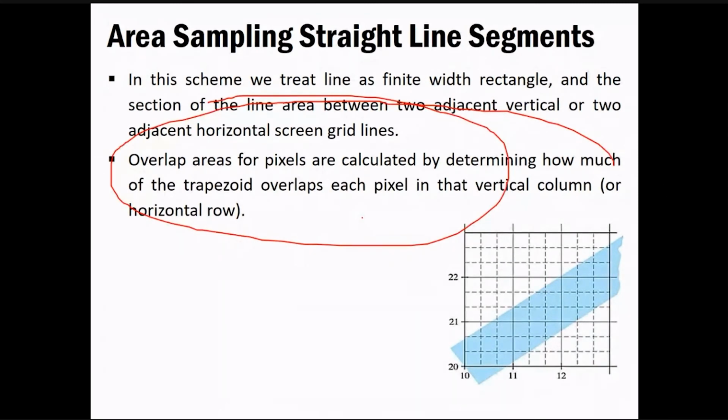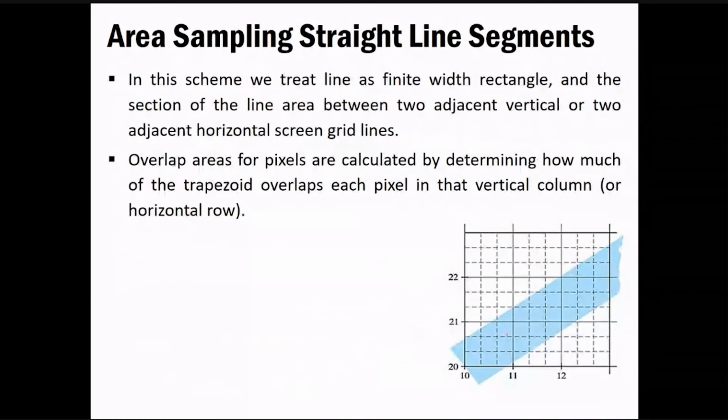So basically you are trying to find out the area covered by that particular rectangle or line, and then based on the area coverage you give some intensity. Instead of considering whole pixels, you get the coverage: out of 100% of the pixel, the line or rectangle covers 85% or 90% of that particular pixel.